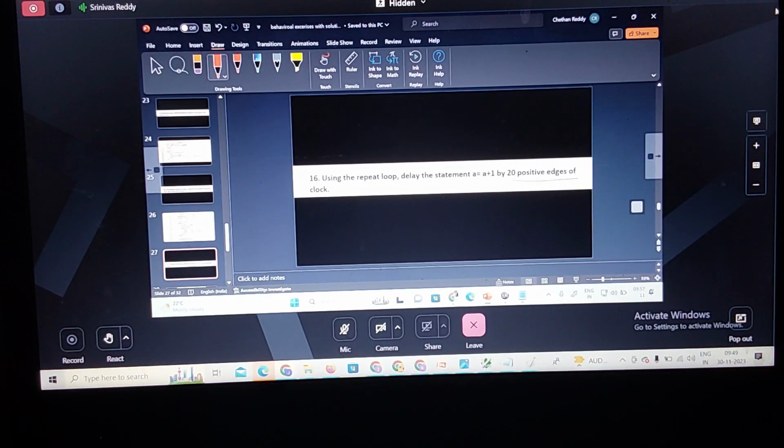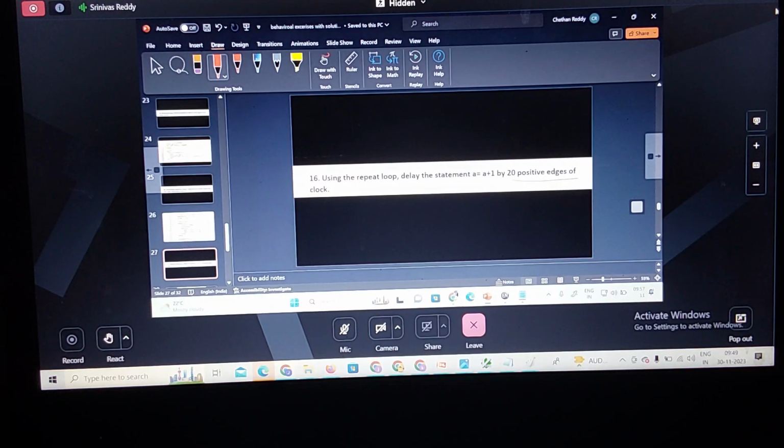What do we need to do for this program? Initial value A is equal to 0. Always, correct, always positive edge of the clock. Generate the clock, because the clock is required here. It's talking about after 20 positive edges of the clock cycle, this statement should execute.